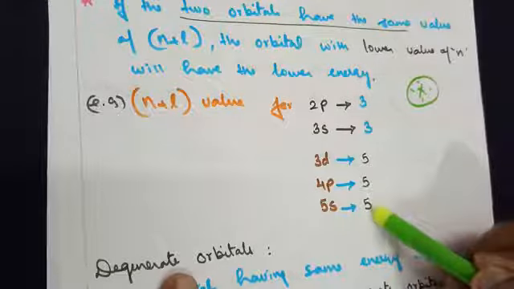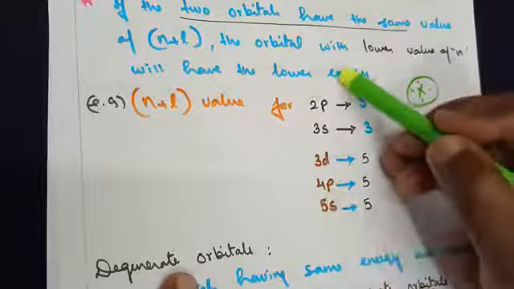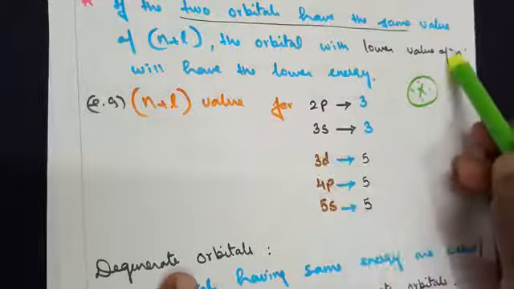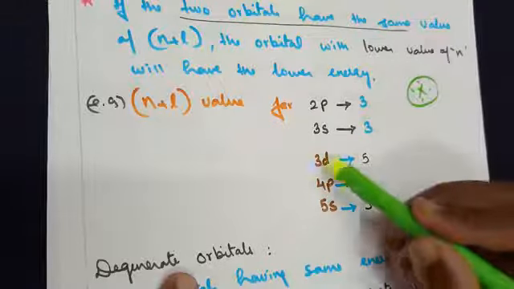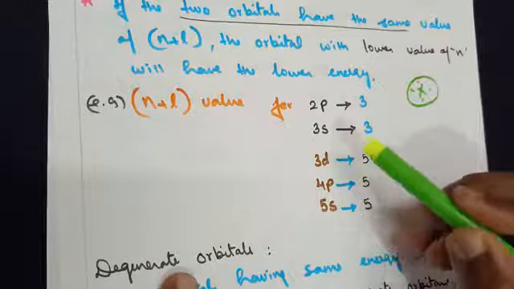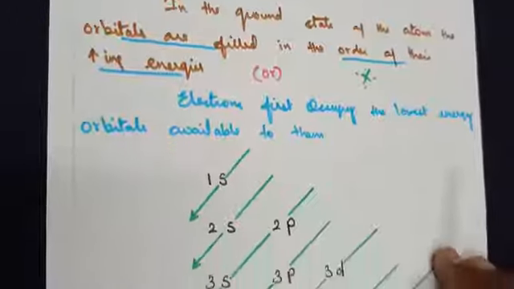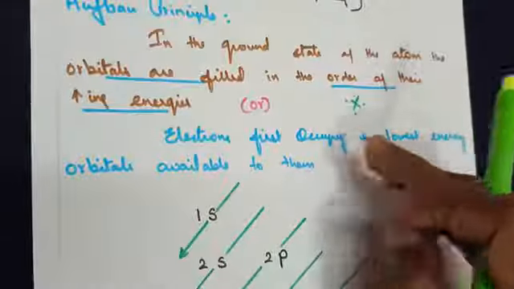Because all three have the same value, you shouldn't write the 5s orbital first; it will be entirely wrong. You have to follow the lower value of principal quantum number. So 3d will be filled first, then comes 4p, then 5s, followed by the other orbitals with different energies. So this is in terms of definition.